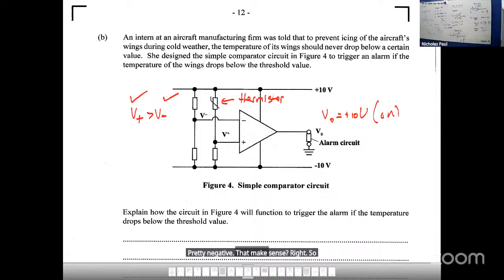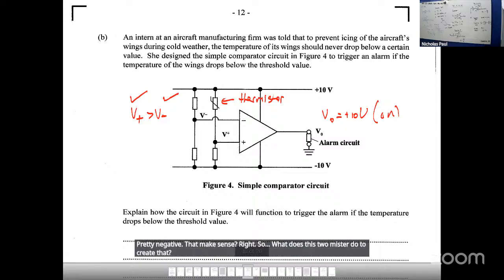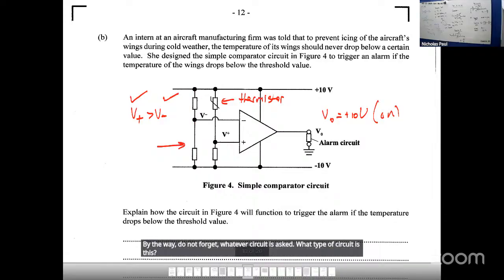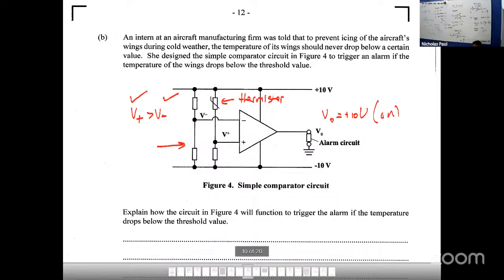So, what does the thermistor do to create that? By the way, before I forget, what type of circuit is this?